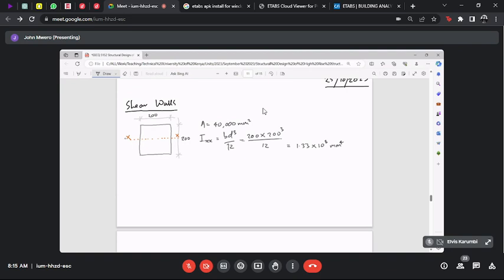Now, consider this other section of slightly different dimensions.